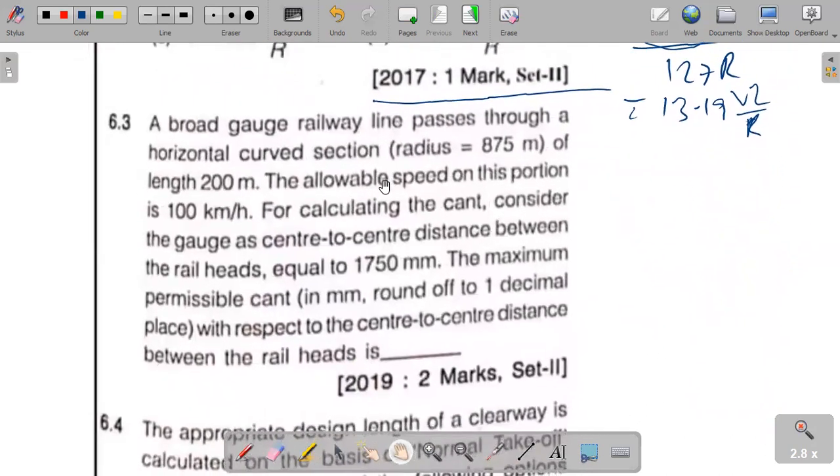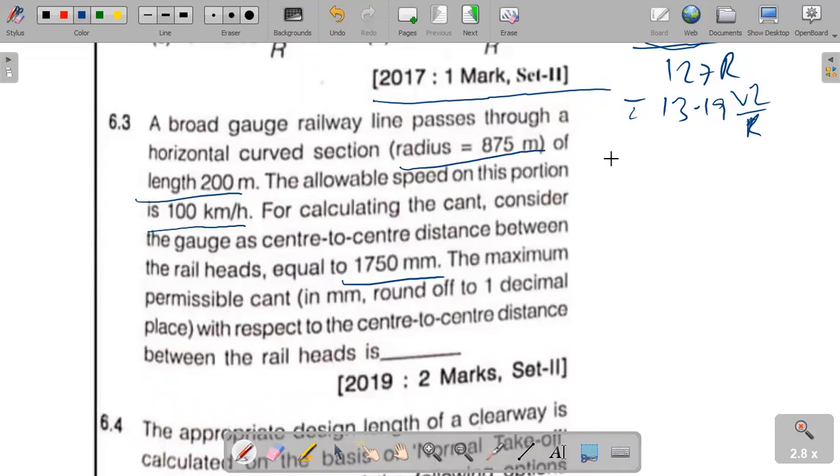And another question from GATE 2019: a broad gauge railway line passes through a horizontal curved section having radius 875 meter and length 200 meter. The allowable speed on this portion is 100 km per hour. For calculating the cant, consider the gauge as the center to center distance between the rail heads, equal to 1750 mm. The maximum permissible cant in mm, rounded to one decimal place, with respect to the center distance between the rail heads, is?